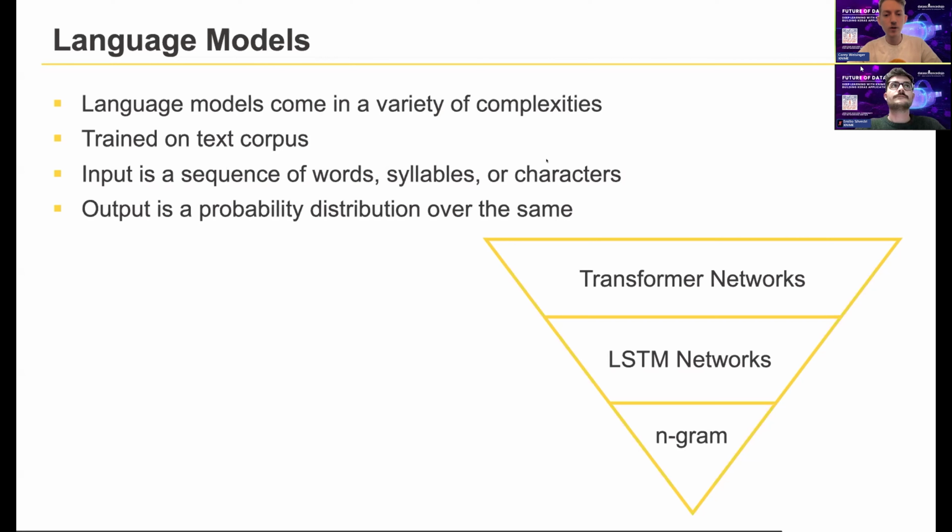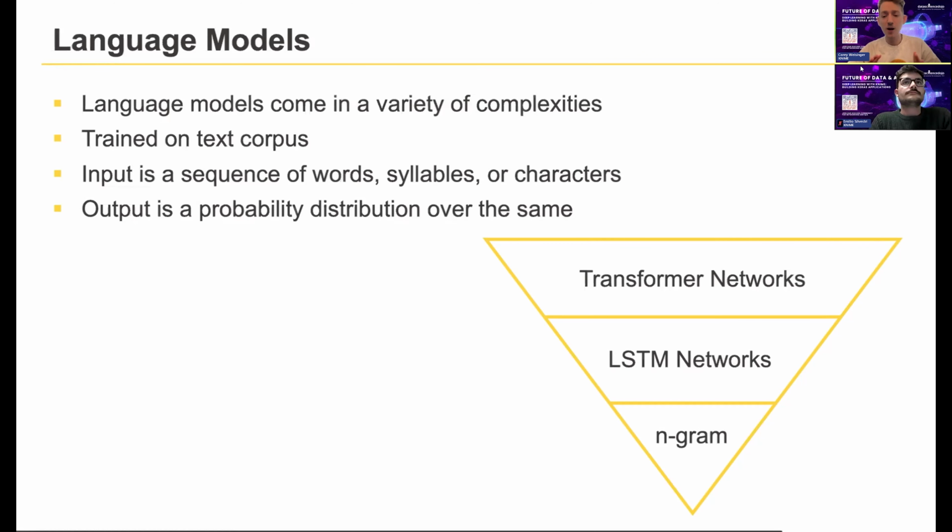In our use case, we have trained an LSTM network on individual characters. So we have this text input that represents our language, as well as a text output. And we output a probability distribution over some possible continuities to that input language. Some really simple ones are models like the N-gram.